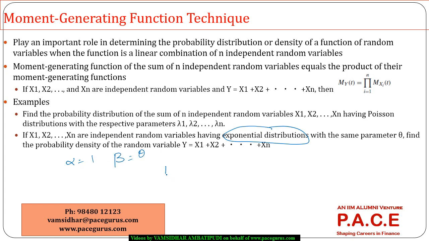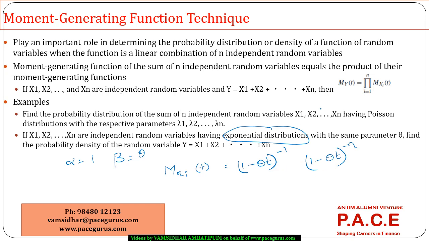So the moment generating function for the exponential distribution is 1 minus theta t to the power minus 1. I can multiply all of them, and because all have the same parameter theta, the product is 1 minus theta t to the power minus n.